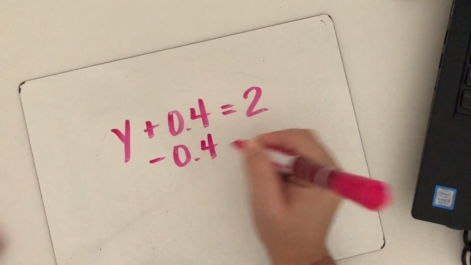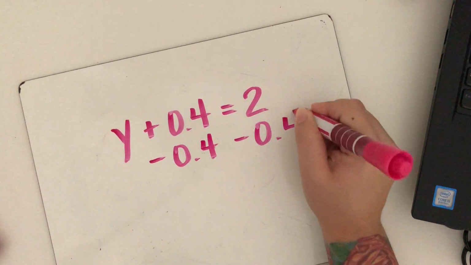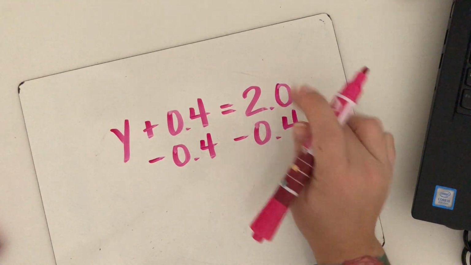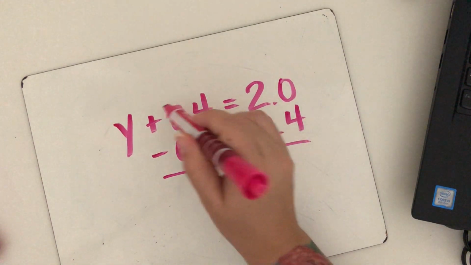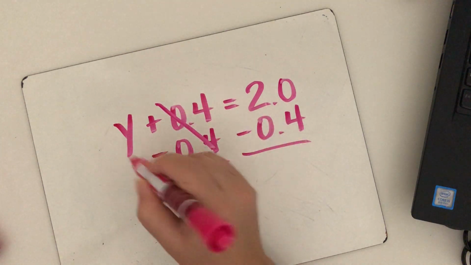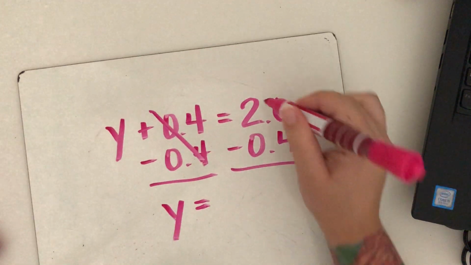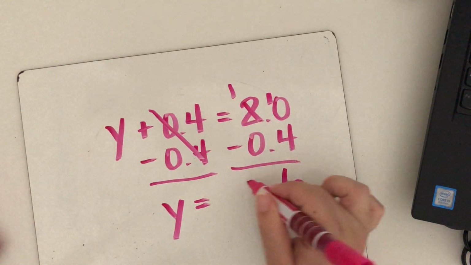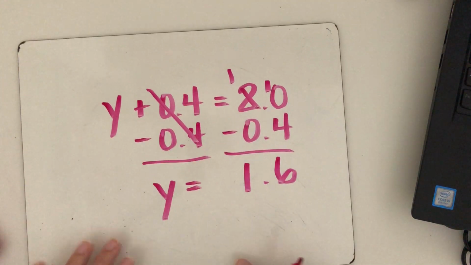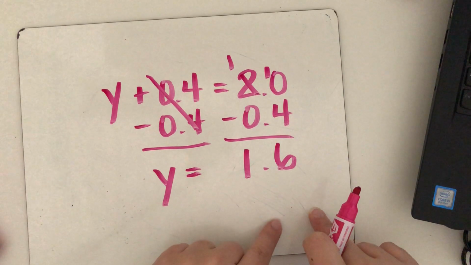So I'm going to subtract it from here. Now remember that you need to line up your invisible decimal that's on this side, okay? So these get canceled out. I can bring down my y on this side, and then I can go ahead and subtract. It gives me 1.6. So that tells me that y is equal to 1.6.